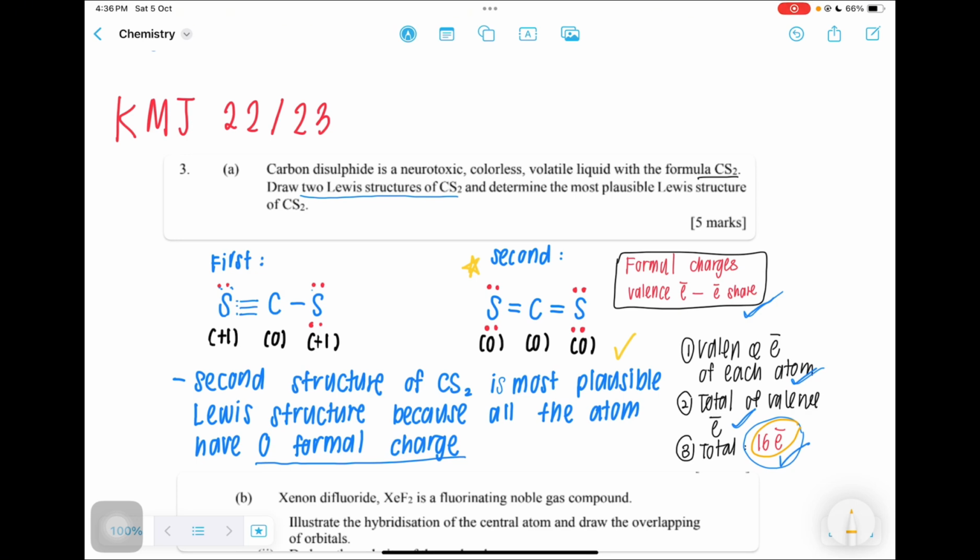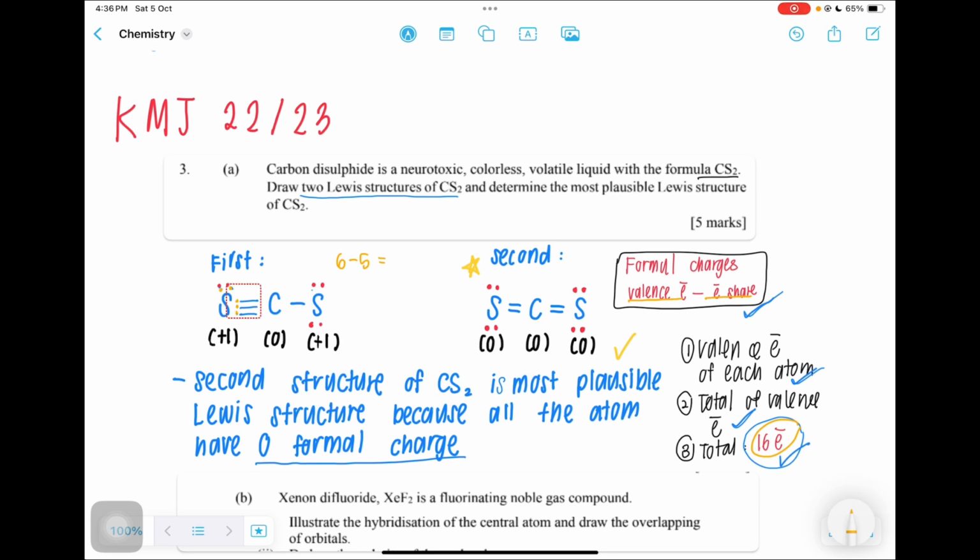So I use this method, which is valence electrons minus the electrons that each atom shares. Here the S atom has 6 valence electrons. We will minus 5. Why 5? Because it's 1, 2, 3, 4, 5.